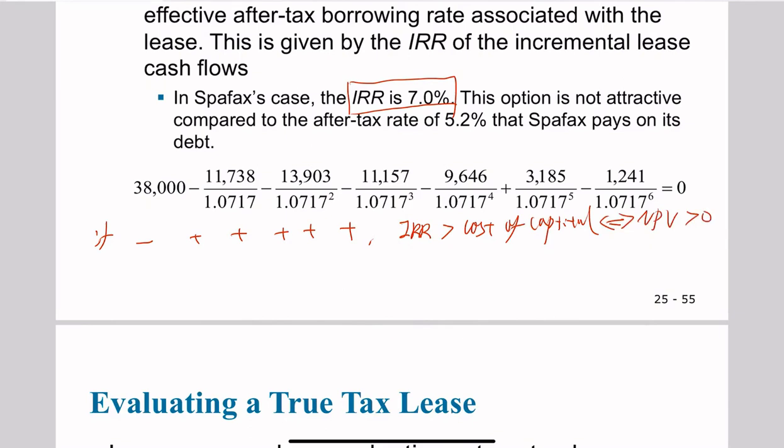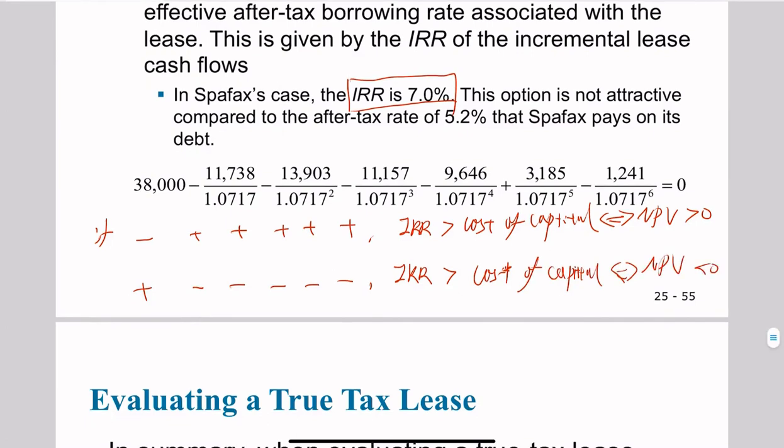But here, in this case, we have the opposite signs, because the initial date cash flow is positive and future cash flows are largely negative. In this case, if IRR is larger than the cost of capital, then NPV is actually smaller than 0.